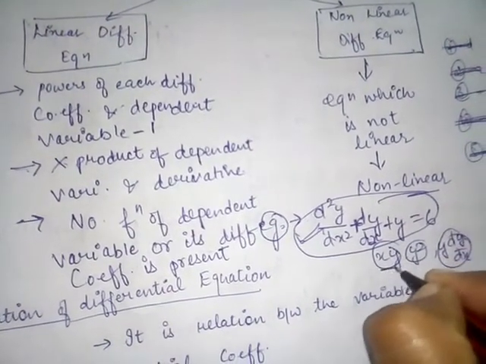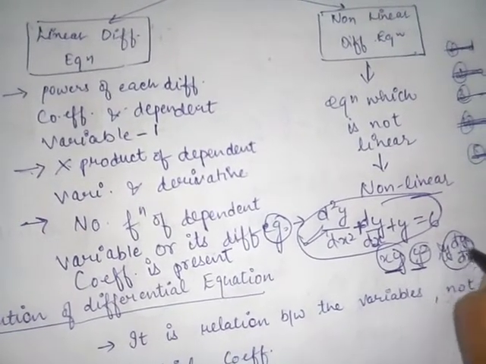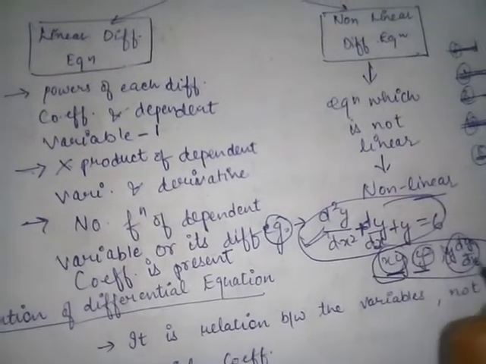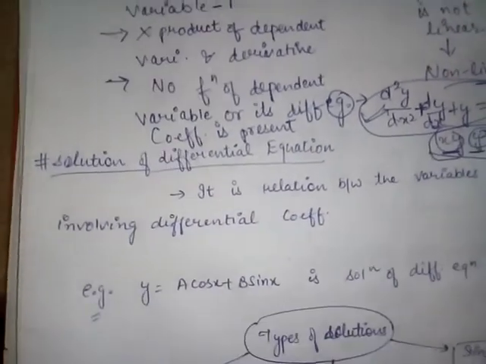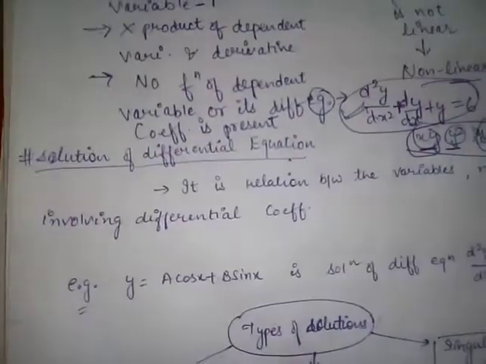If there is any product, any square, any y into dy over dx, then it is said to be a non-linear differential equation. Now move to the next topic, which is solution of differential equation.